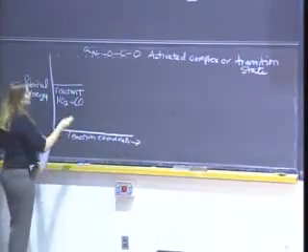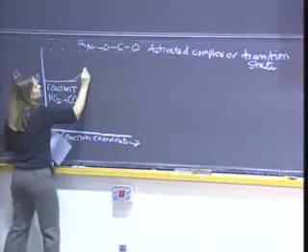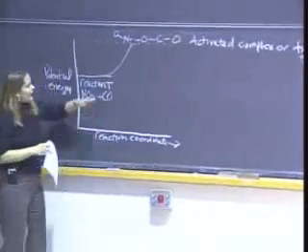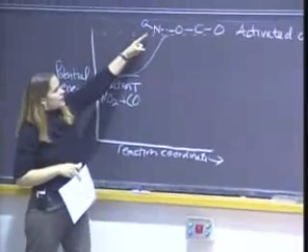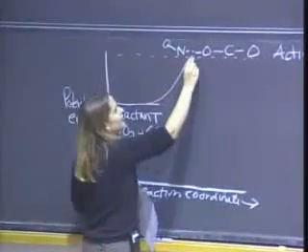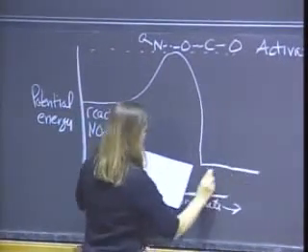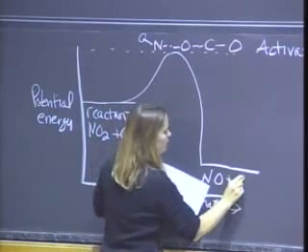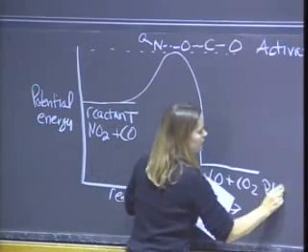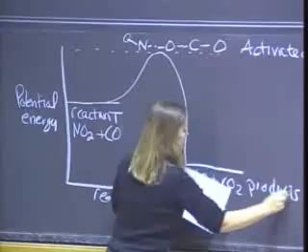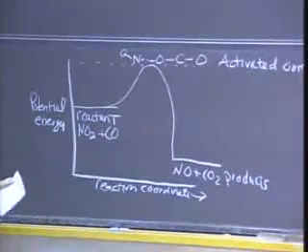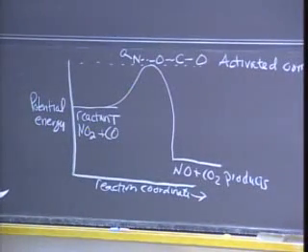So there will be energy associated with getting up here. If they have the critical energy to react, they will go on then to products. And our products here are NO plus CO2. And so that's what the reaction coordinate will look like.